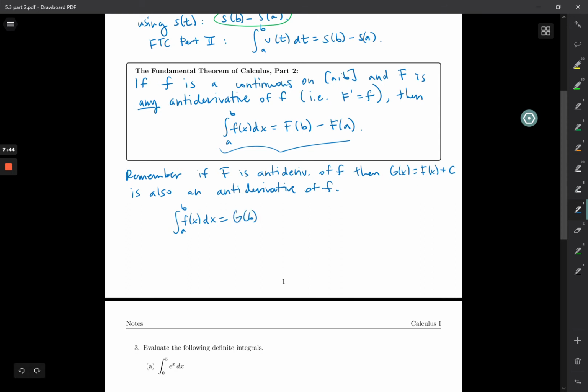That means that this should be equal to g of b minus g of a, right? And so we have a formula for g. We'll just use that right here. So that would be F of b plus c, that's the first part, minus F of a plus c, right? And so this simplifies to just F of b minus F of a.